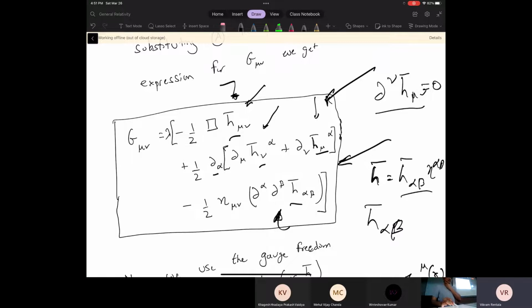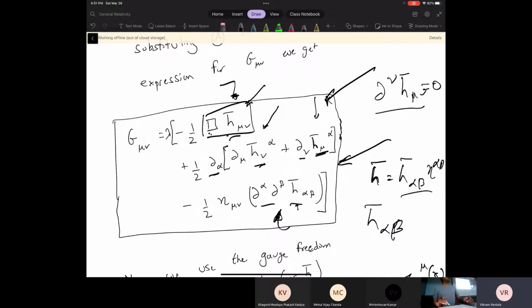So what that means is this is a derivative acting on h, but it's not contracted with indices of h. So this is non-zero, but everything else is 0 here by our gauge choice.